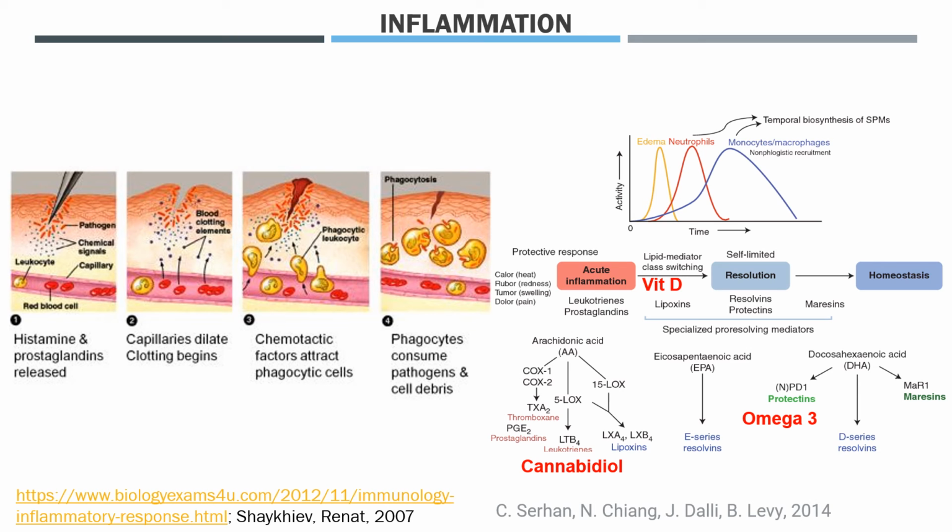Further to the redness, the heat, the swelling, and the pain, there are mediators that are released known as arachidonic acid metabolites, and these include prostaglandins, thromboxane, leukotrienes, and lipoxins. And these are mediators that are supposed to help with acute inflammation.